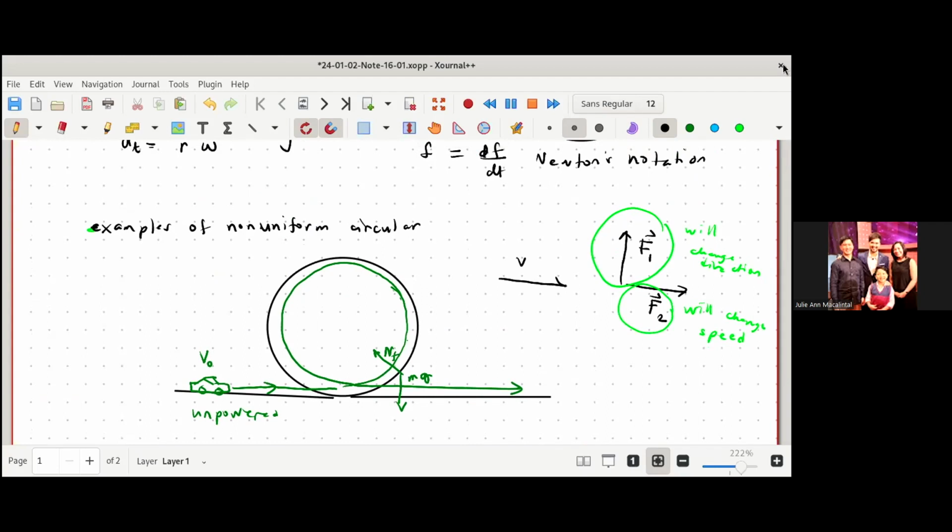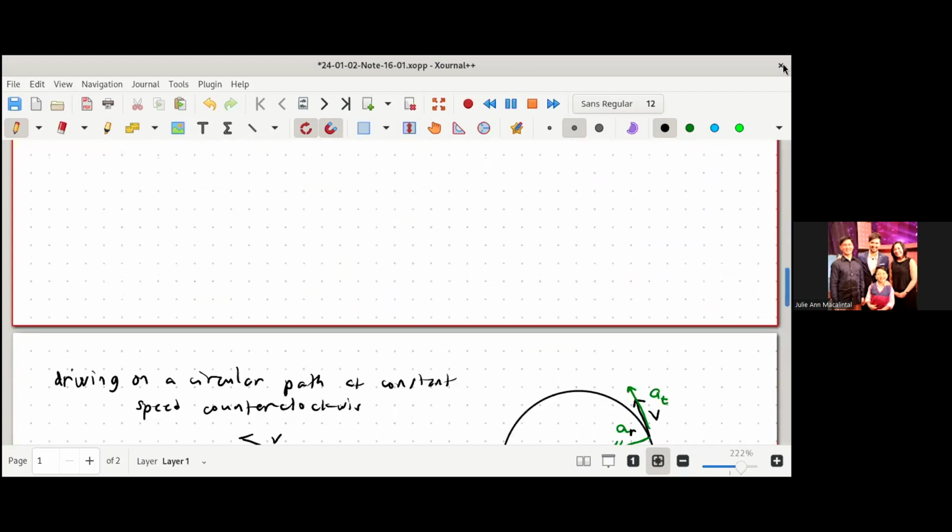If the force is perpendicular to the velocity, that will change the direction. Since hindi nagbabago yung speed, walang tangential component. Ang natitira lang talaga yung radial. Okay, so yan yung ano.